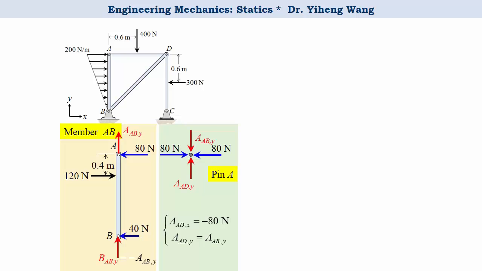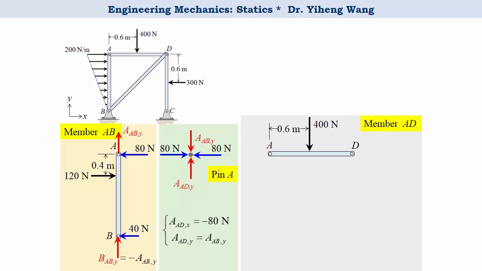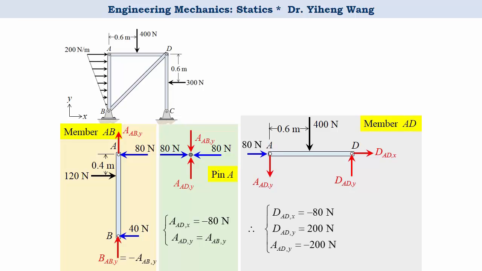Now we move on to member AD, which is subjected to the known 400 Newton vertical force. At point A, we have these 2 forces exerted by pin A to member AD. Notice again, I switched the direction of these 2 forces. And at point D, these are 2 new unknown forces exerted by pin D to member AD. Since here we only have 3 unknowns and we can write 3 equilibrium equations based on this free body diagram, we can solve for all 3 unknowns.